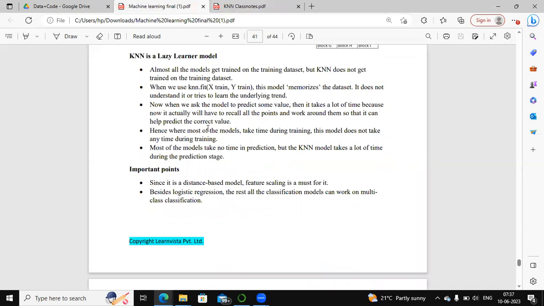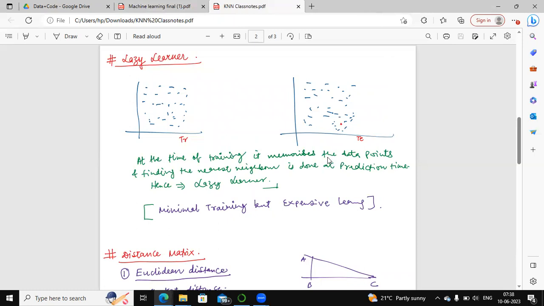Okay. Hence, most of the models take time during training. This model does not take time during training, because this model takes time during testing, during predicting. Okay, prediction is the part where k nearest neighbors takes a lot of time, because it has already memorized the data points, and tries to recall whenever you're trying to find the unknown quantity's class.